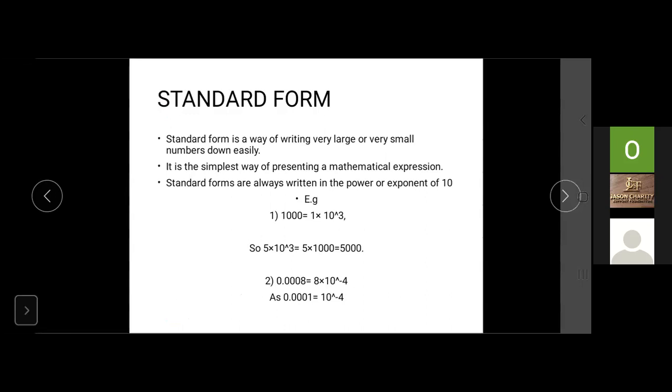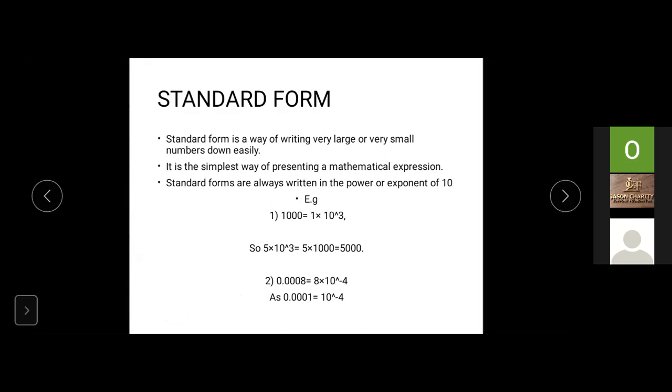I can hear you, ma. Okay, so there's no answer to the question I asked. No answer, ma. Okay. So that means you don't know anything about standard form, or you don't want to talk. Which of the following?